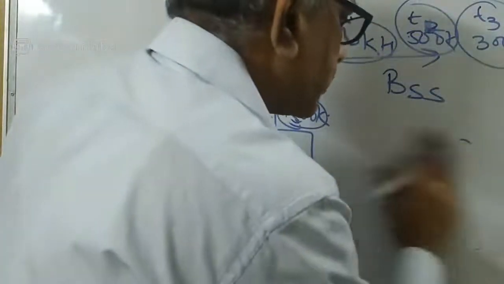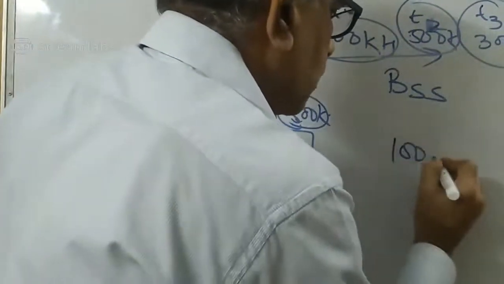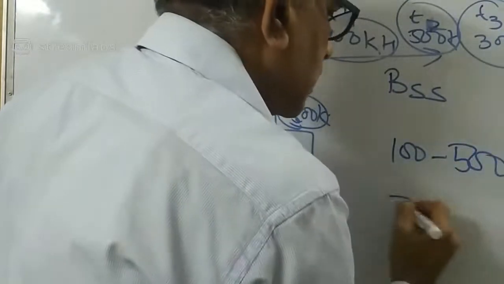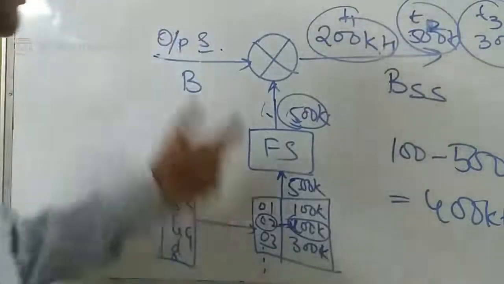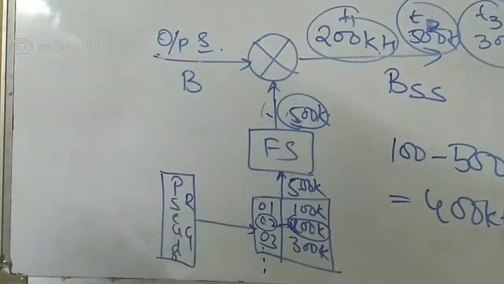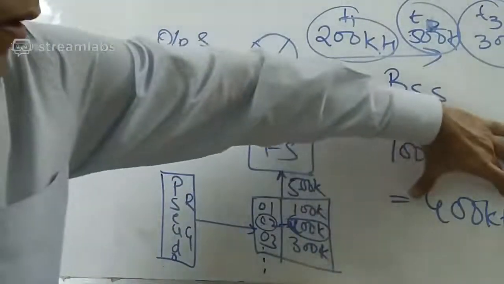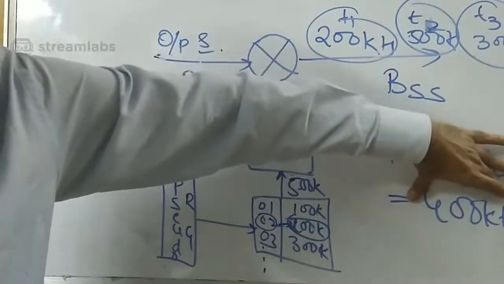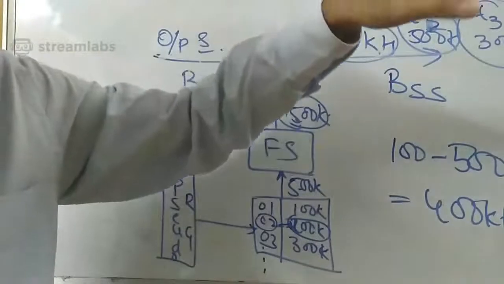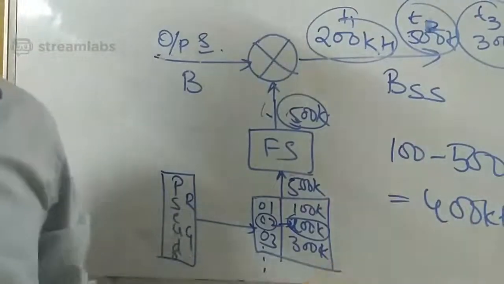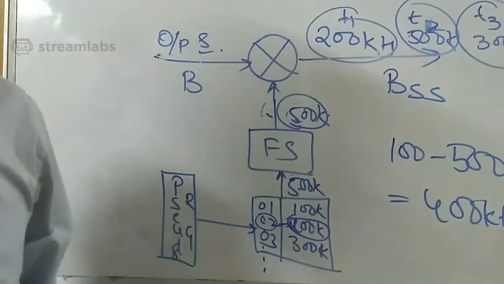The minimum value is 100, the maximum value is 500, so 500 minus 100 is 400 kilohertz. Your bandwidth is so large. Your signal only needs 100 kilohertz bandwidth, but you are spreading it across 400 kilohertz.